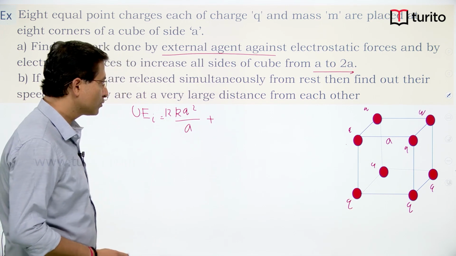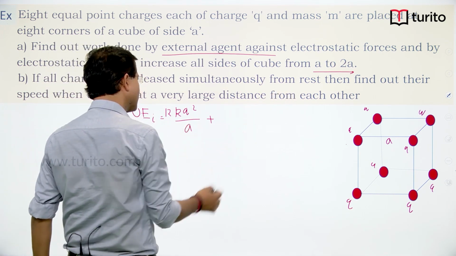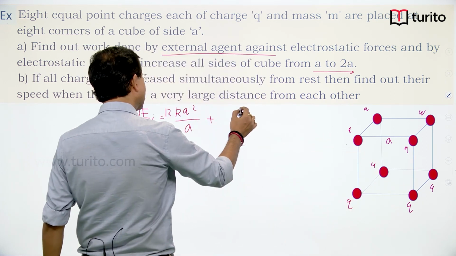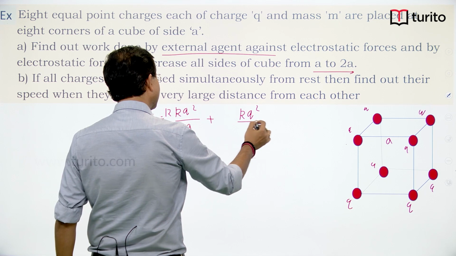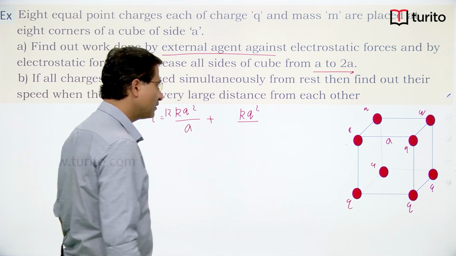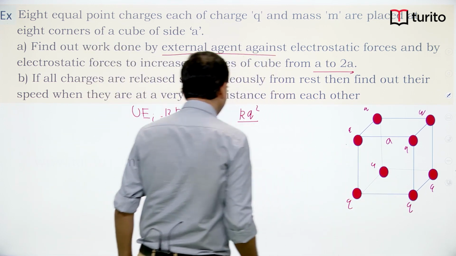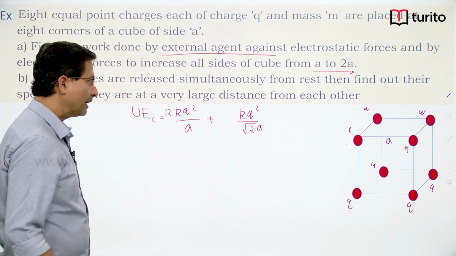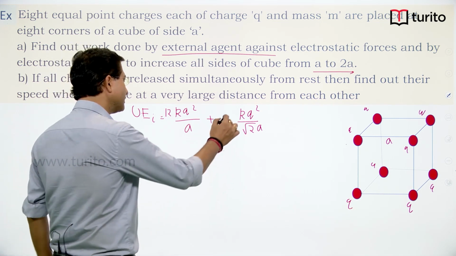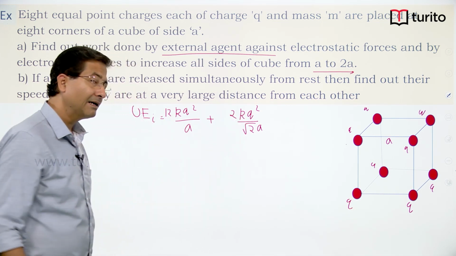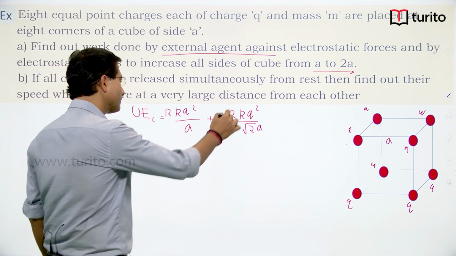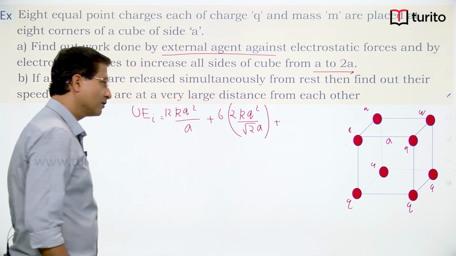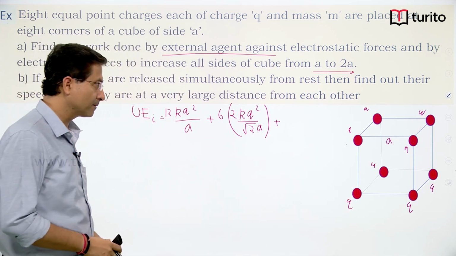So let us first write the energy associated with any one combination. That is K Q square divided by the separation, which here and here will be root 2a, right. Every face will have 2 such combinations and there are 6 such faces. So I have to multiply by 6, plus, so face diagonals over.